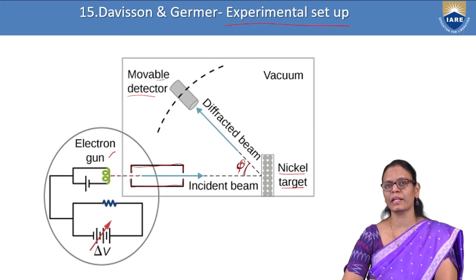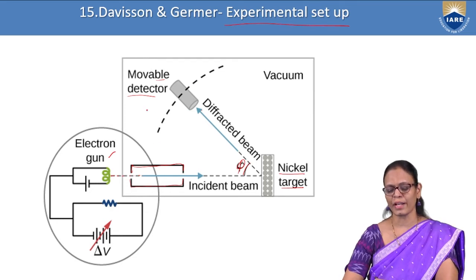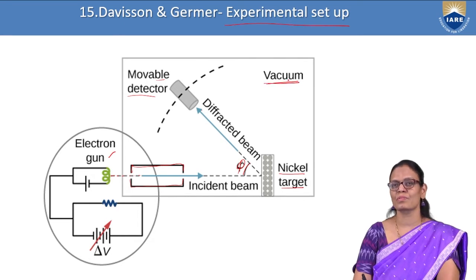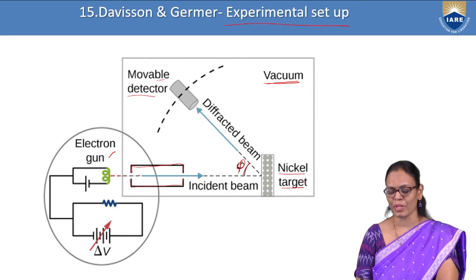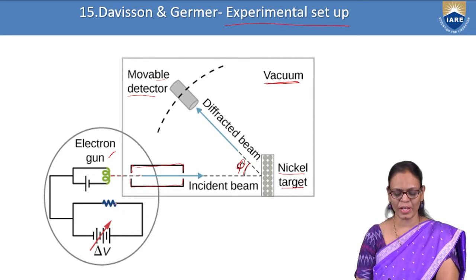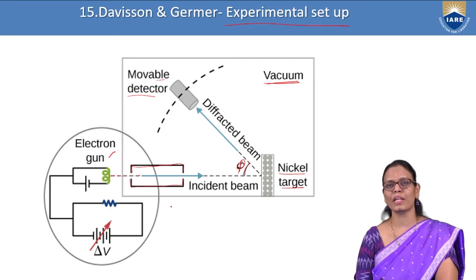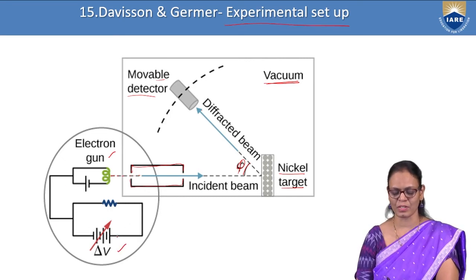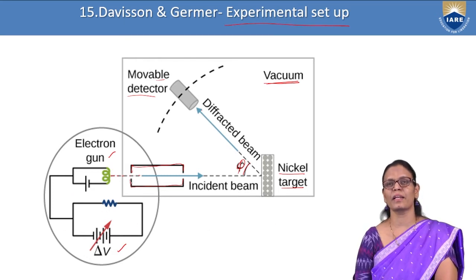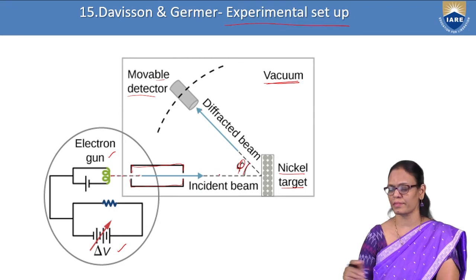So we have a detector which can move on a circular scale, and everything is kept enclosed in a vacuum chamber, just to prevent oxidation of the nickel target. And also, to make these electrons move fast, we are maintaining a very high potential between the target and the gun, so that the electrons will be accelerated.